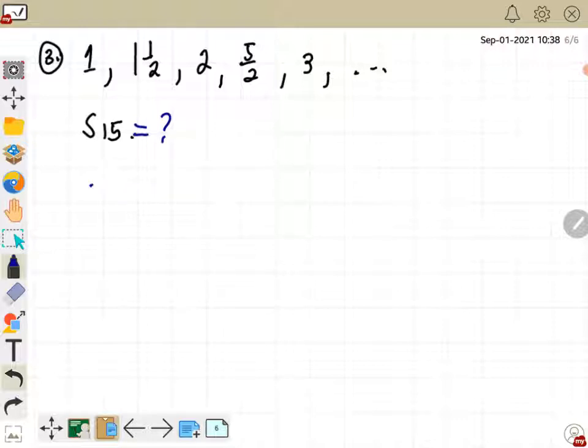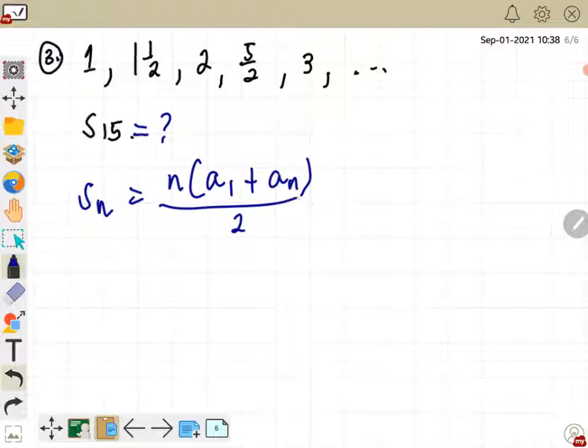So we have S sub n equals n times a sub 1 plus a sub n, divided by 2. Looking for S sub 15, the sum of the first 15 terms, a sub 1 is 1. We do not know our 15th term. That's what we're going to find, a sub 15.